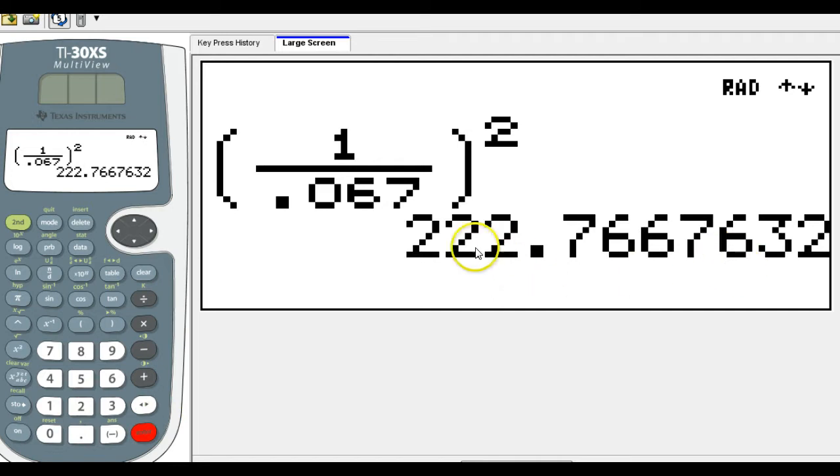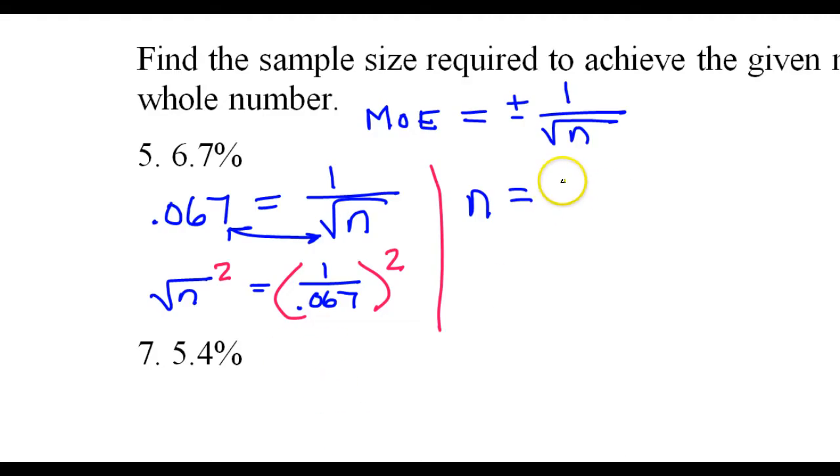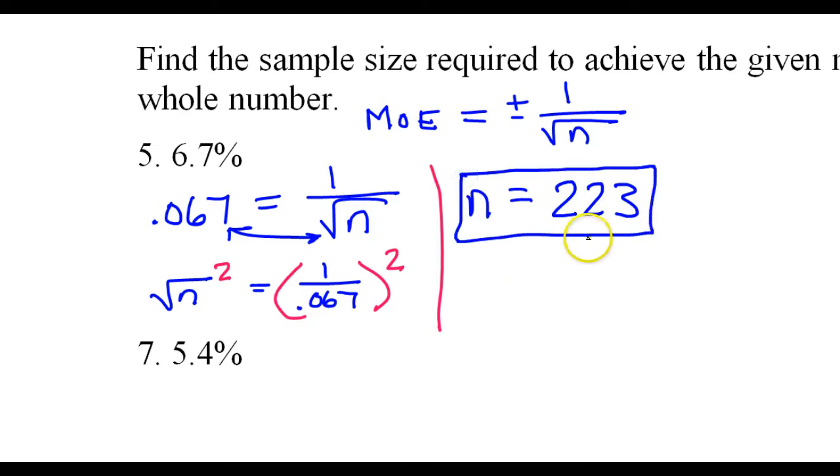That's this. Now I was supposed to round this to the nearest whole number, so that'll be 223. Got to round up. Alright, so that's how many people would have to be included in the sample size for the margin of error to be plus or minus 6.7%.